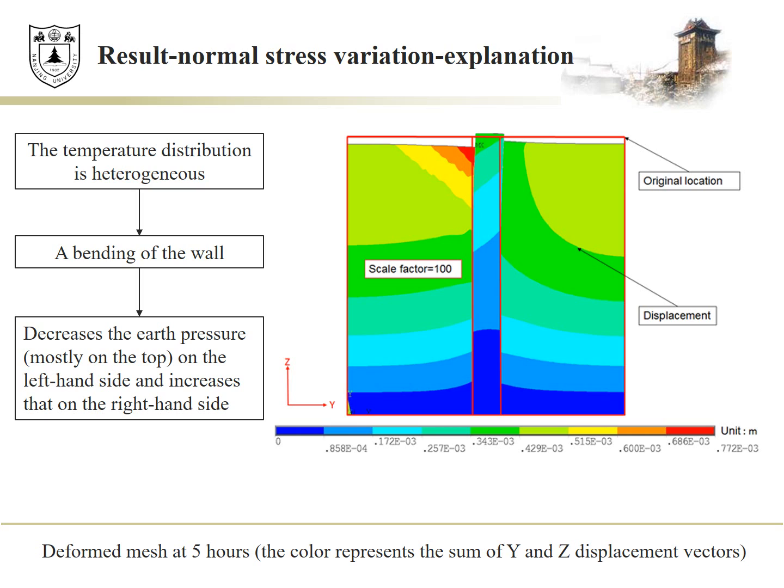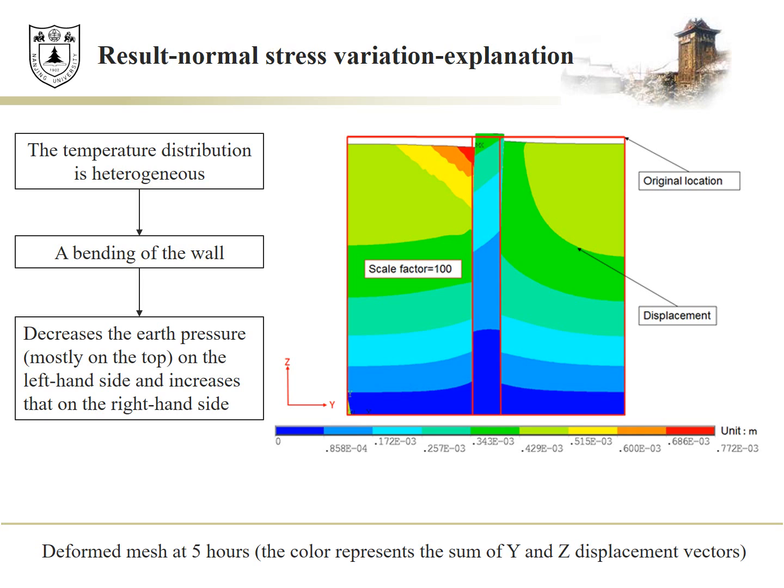However, as the pipes were located closer to the left-hand side, the temperature distribution is heterogeneous. As a result, the temperature on the left-hand side increases more quickly than that on the right-hand side. That induces then a bending of the wall that can be seen clearly on this figure.